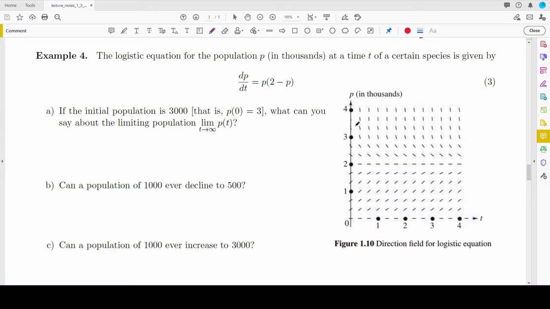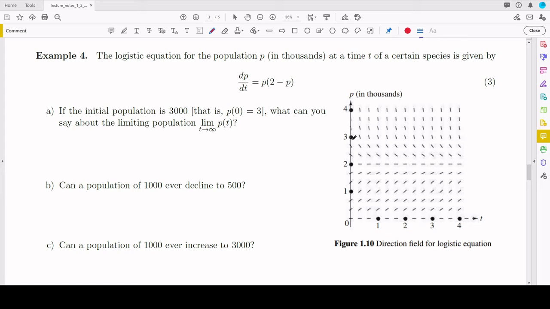I'll import the drawing in a moment, but let's look at what is happening. If we start at P of 0 equals 3, we have a slope that is negative for the direction field, and so we're going down. But the further to the right we come, the less steep our direction markers become until they flatten out.